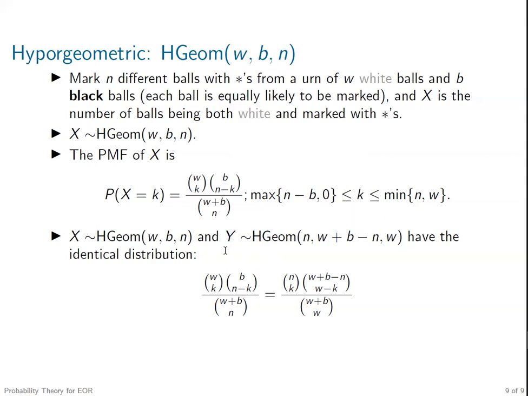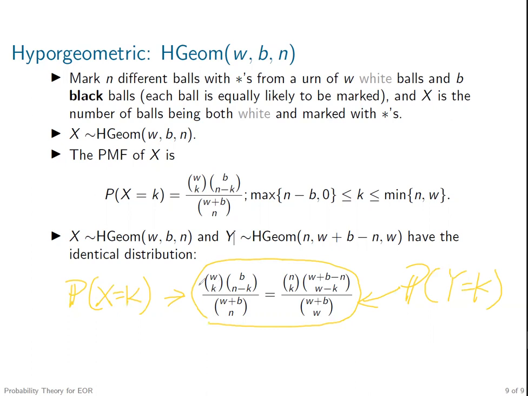The result follows exactly from this identity. If you expand them by the definition of the binomial coefficient, you can show those values are equal to each other. The left-hand side is essentially the probability associated with the event X equal to K. And the right-hand side is essentially the probability of Y equal to K.